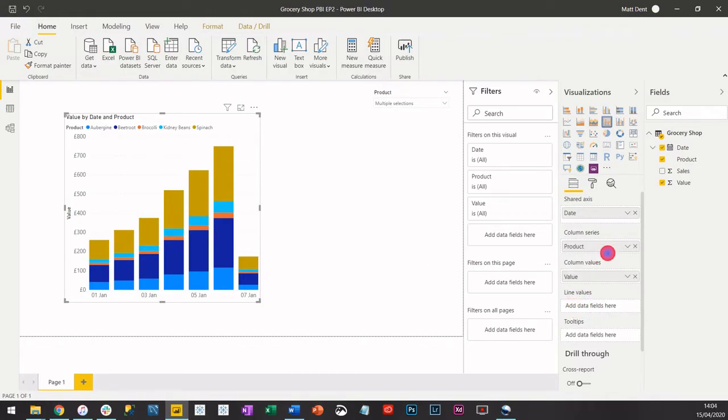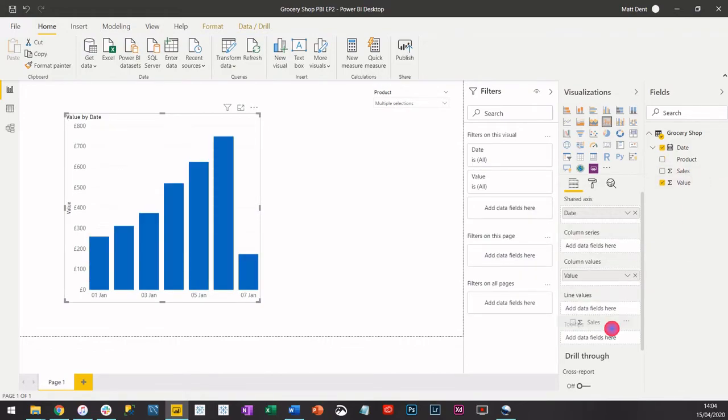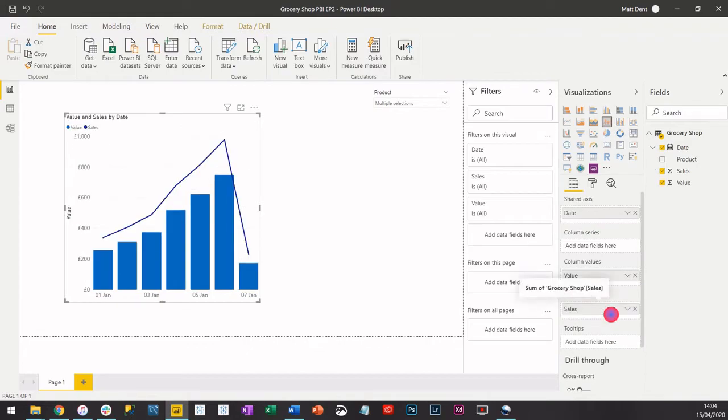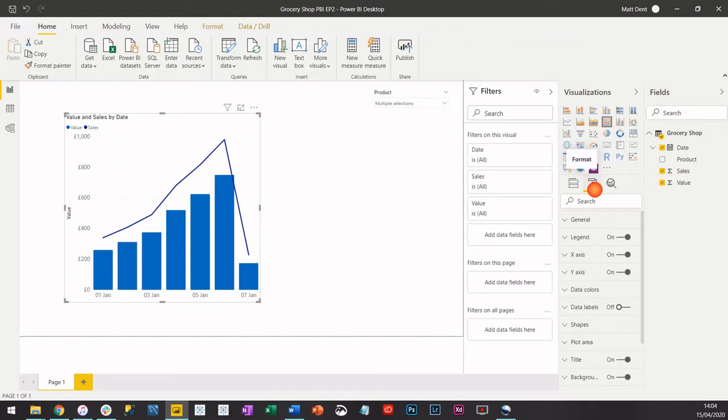So what we can do is add in some more data. So let's say we just wanted to look at our value and our sales over time. We could have value as our data and sales as our line.